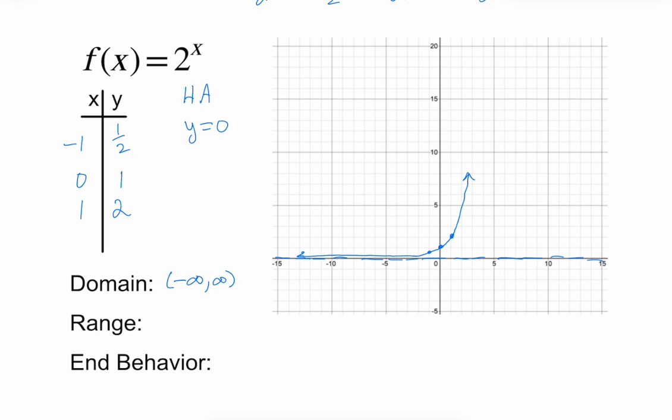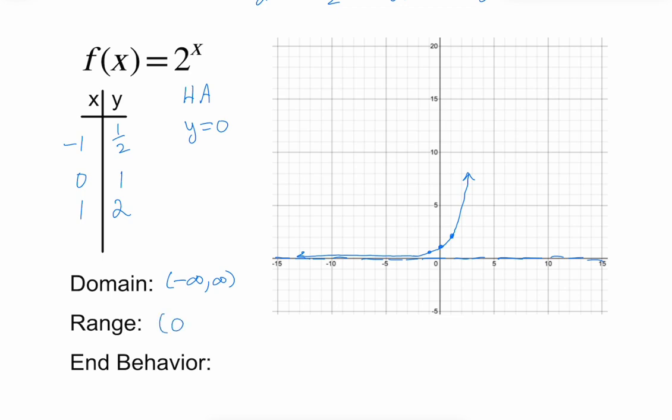The range, though, because of that horizontal asymptote, the horizontal asymptote is either going to indicate where the graph is heading, that minimal value, if the graph is above it, or sometimes they can be flipped upside down. But for this case, think about 0 as almost the lowest value. No, we're never going to hit 0. We're going to get super close to 0.